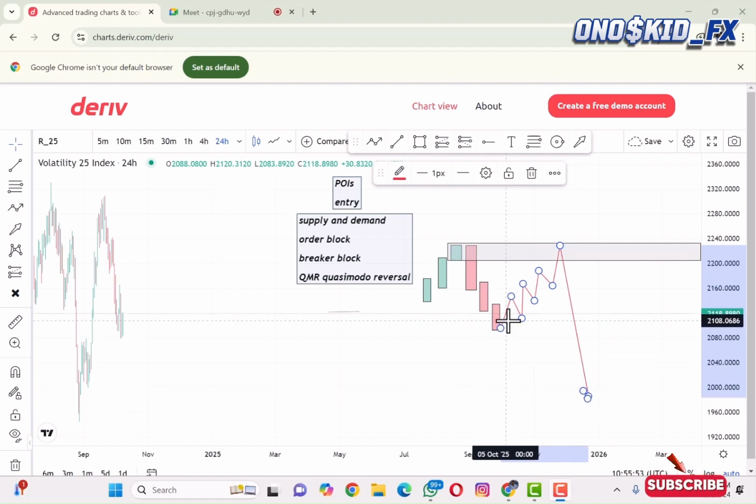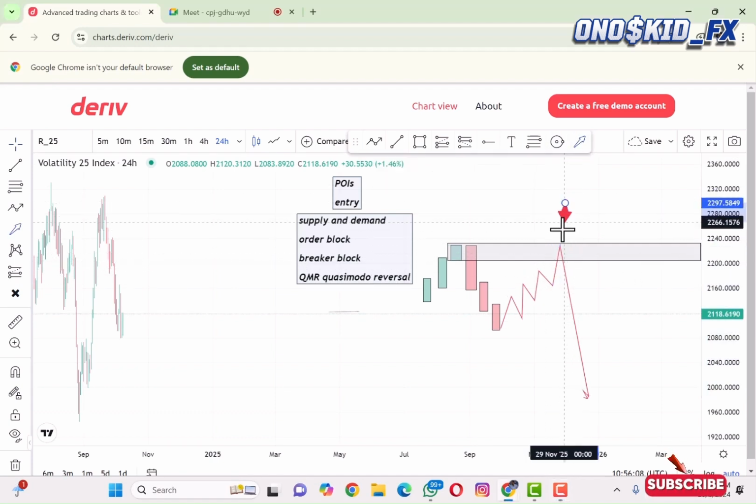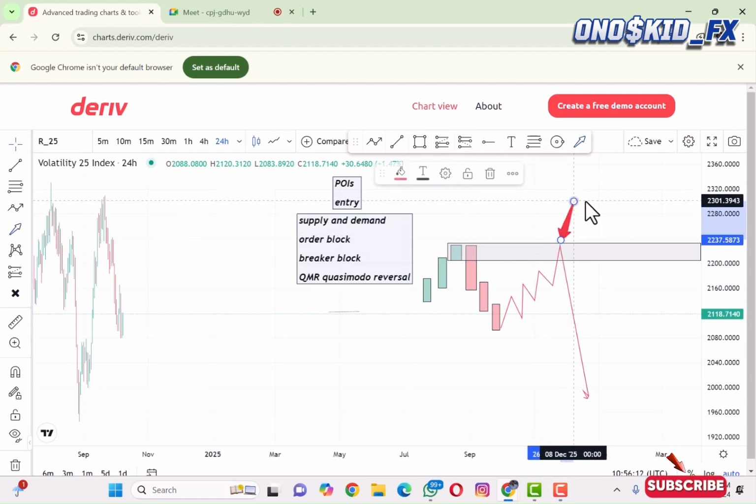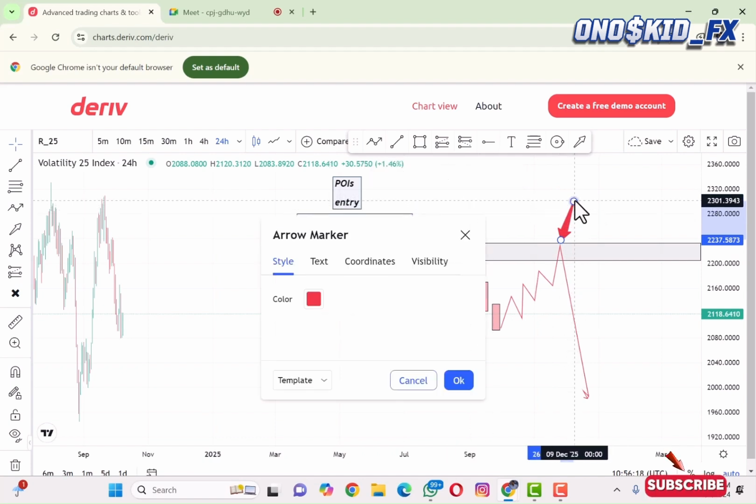When you identify this order block, you wait for price to come back to it, and you are expected to take a sell from this bearish order block region. That means this area right here is an area for entry, where you are expected to take a sell.